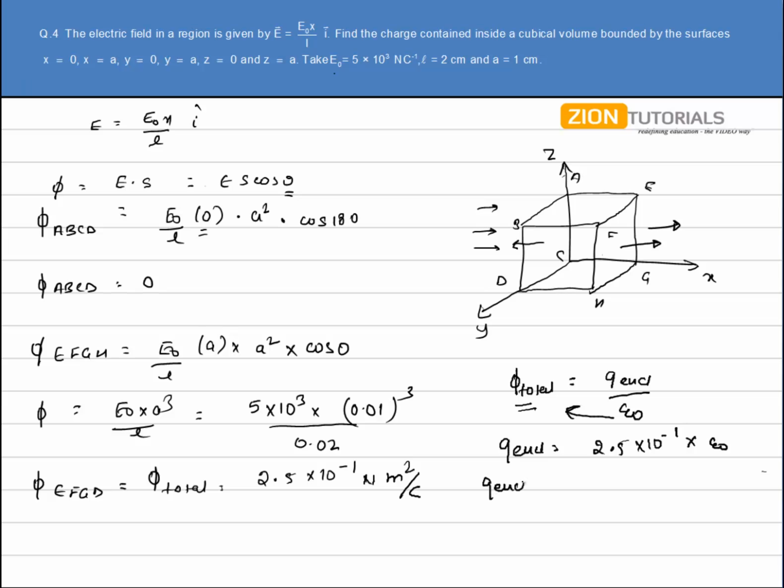By this I get the Q enclosed. The value of epsilon naught is 8.85 into 10 to the power minus 12. So the Q enclosed comes out to be 2.2125 into 10 to the power minus 12 coulomb. That is the answer.